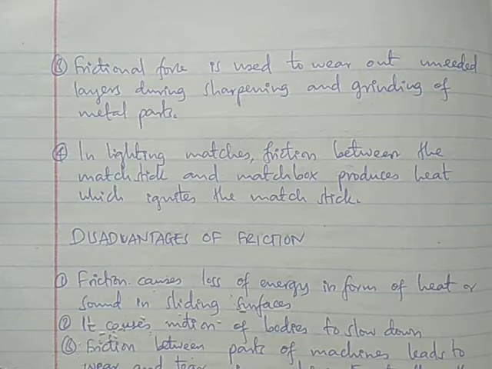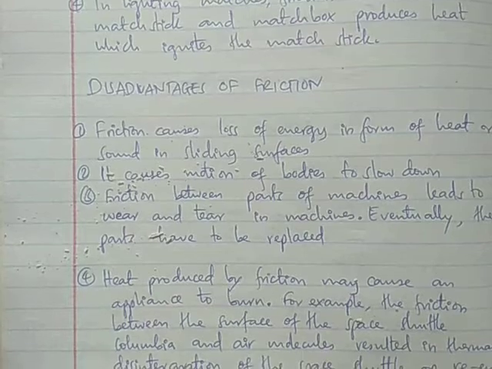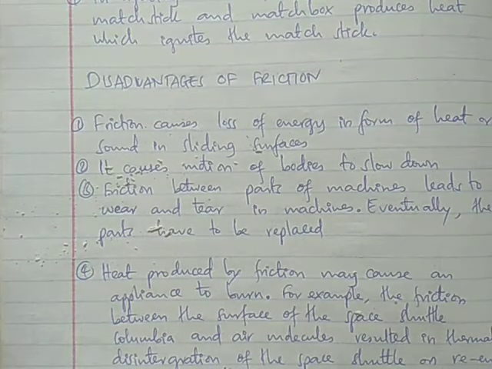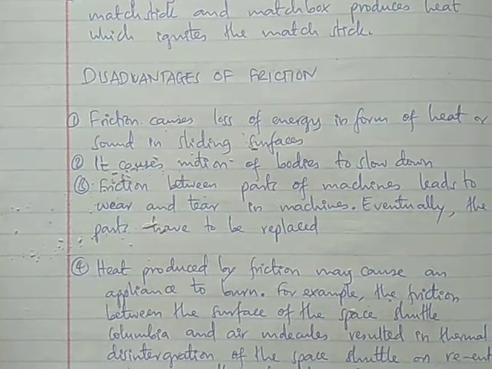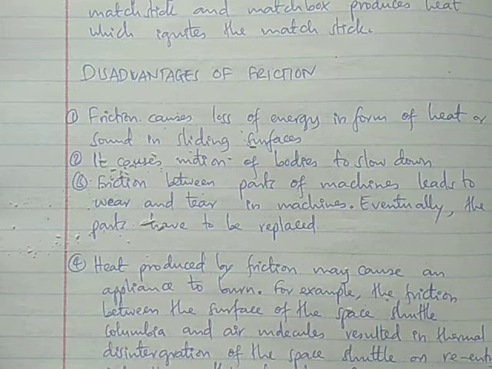So hizo ni advantages. Lakini about disadvantages, first, friction causes loss of energy in form of heat or sound in sliding surfaces. Unaweza kujiuliza swali kwamba kwa nini kuna baiskeli? Tumesema friction is used katika brake system ya baiskeli, pikipiki. Kwa nini ukibana ile brake inalia chui?